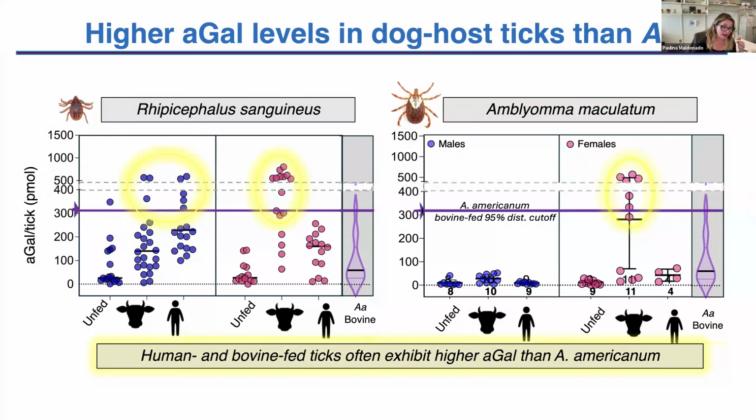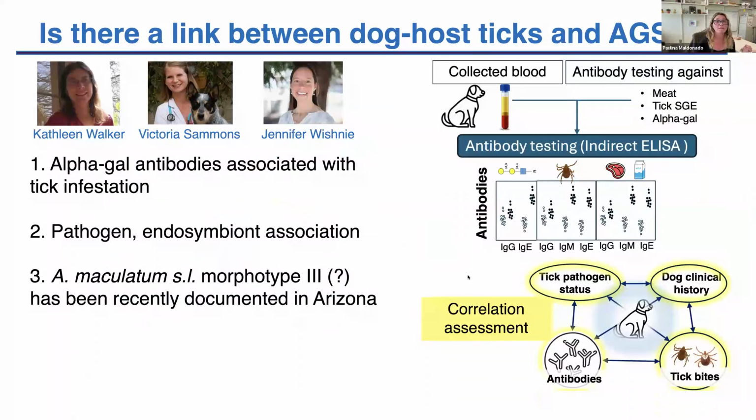Now, as in human AGS, the fact that they carry the alpha-gal epitope doesn't necessarily suggest that they would be sensitizers. But what we hope to do with this project, in collaboration with Kathleen Walker and veterinary experts Victoria Sens and Jennifer Wishney, is to actually quantify those alpha-gal antibodies in dogs.